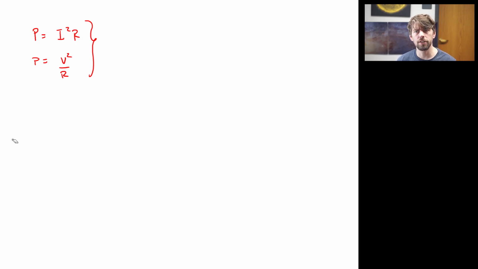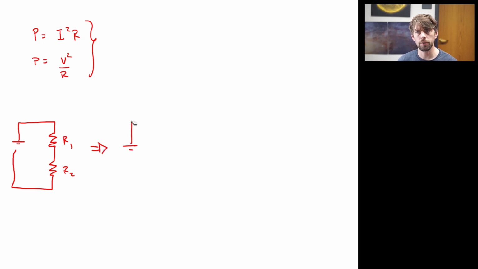Just to give you the setup, let's pretend that I have two resistors in series. Here's R1, here's R2. And the idea is that I would like to have an equivalent circuit with a single resistor.